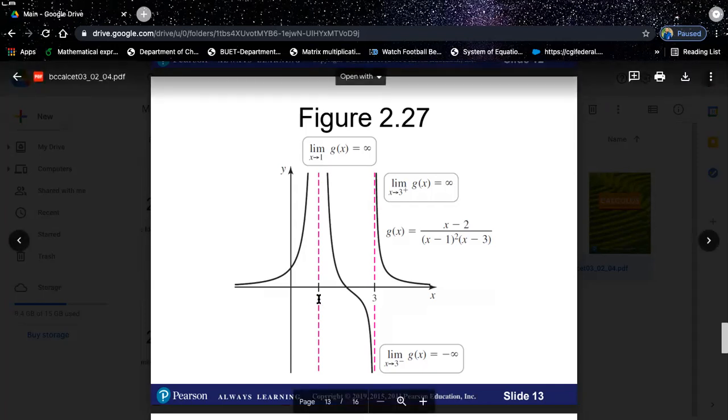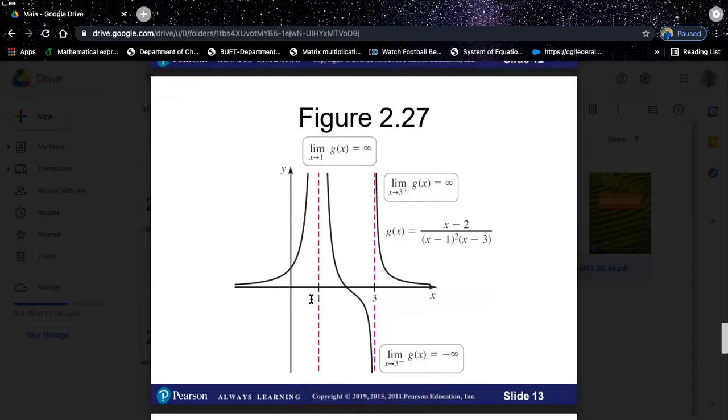At x equals 1, when we're approaching 1 from the left, the graph is going really close to it, but it's not touching or crossing it. Rather, it's going upwards and keeps increasing. That means it's going towards positive infinity. And we know even if it's from one side, we can conclude that it's a vertical asymptote. We don't even need to see the other side. But yeah, it's true for the other side as well.